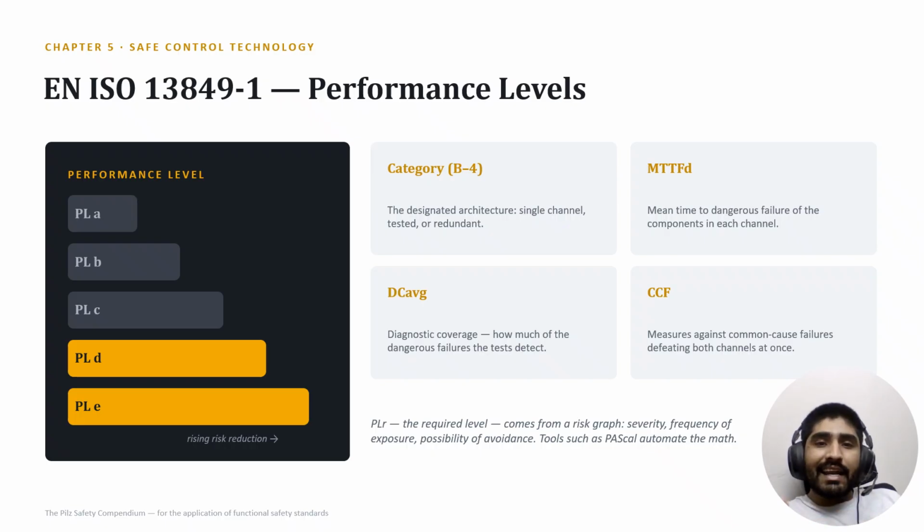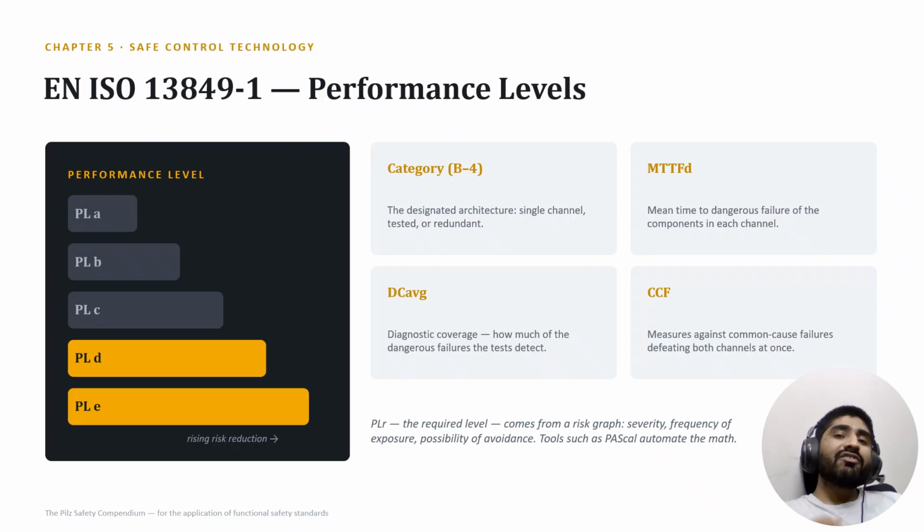The required PL comes from a risk graph considering the severity of injury, the frequency of exposure, and the possibility of avoidance.